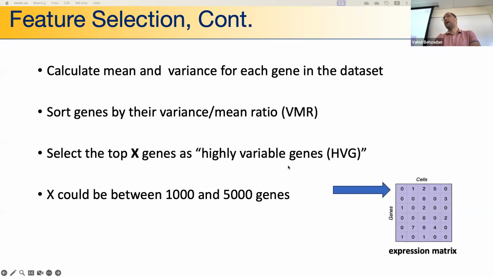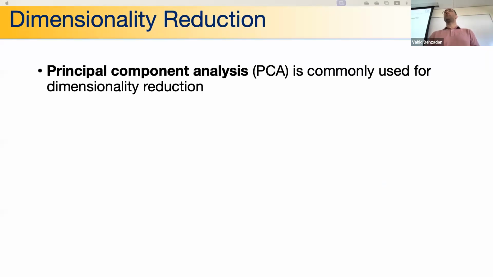Because again, this analysis is done agnostically. We don't know what type of cells we have. We don't know the conditions that we have, we're just processing the whole matrix. So we can pick 1,000 to 5,000 varying genes for the downstream analysis. Then we can perform dimensionality reduction using principal component analysis.